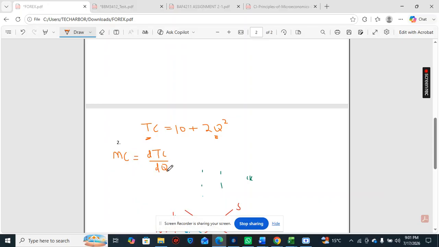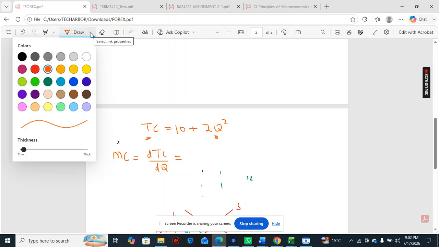So what we're saying in simple words is this. We're deriving our total cost function with respect to q. So remember, with differentiation, if a number doesn't have a letter, especially in this case, if it doesn't have a q, it disappears. So this 10 will disappear. So we need to derive 2q squared.